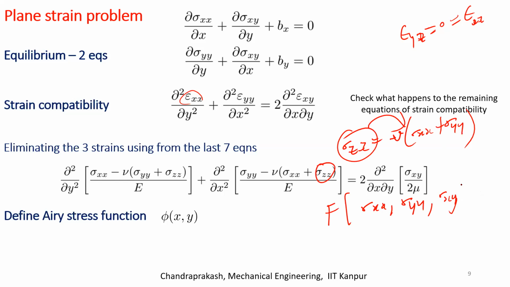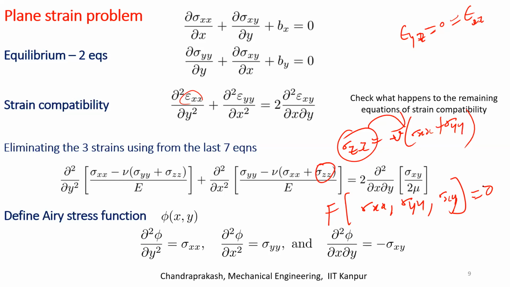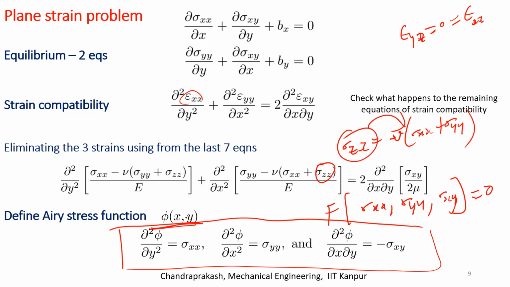You will end up with a particular function once you eliminate this. And then I'm going to define the function, also called the stress potential phi, for the following reason given in this last line. I'm going to define a function such that when I take its second derivative with respect to y, I end up with sigma xx.